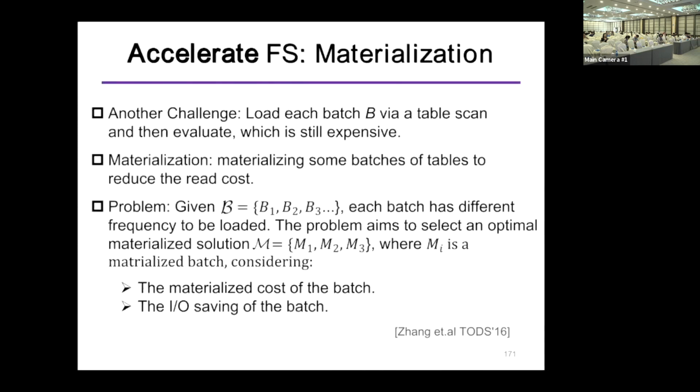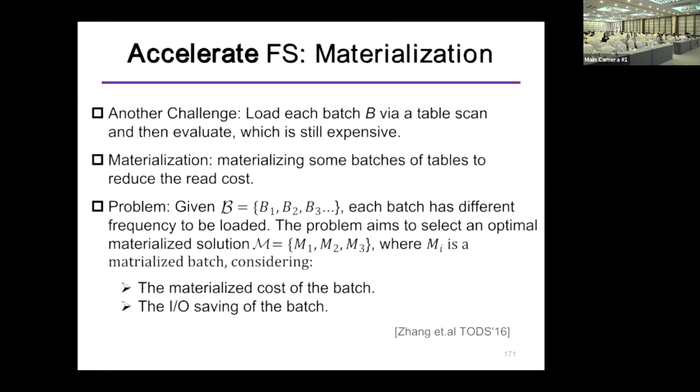Even if we have the batching technique, we have another challenge: we have to load each batch via scan and then evaluate, which is still expensive. So we can use a materialization technique to materialize some batches of tables to reduce the read cost. The key motivation is that each batch has different frequency to be loaded.